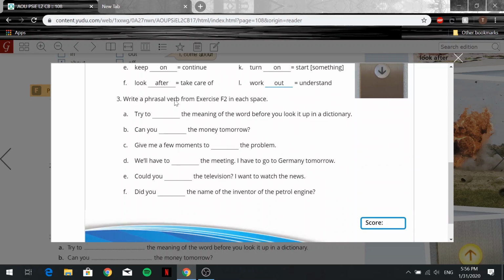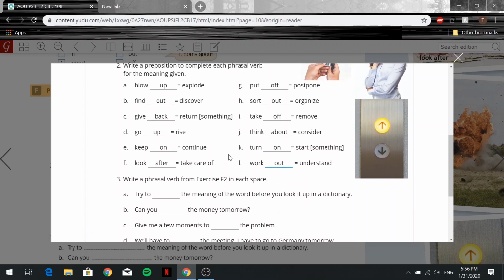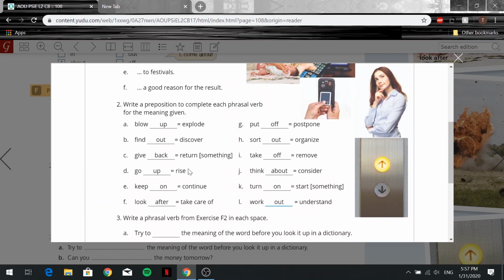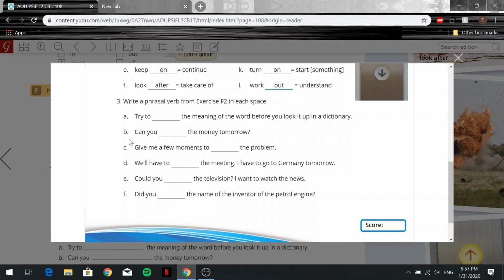Write a phrasal verb from exercise F2 in each space. So we're going to choose some from here into here. So one, try to dash the meaning of the word before you look it up in a dictionary. So we'll say work out the meaning of the word before you look it up in the dictionary. B, can you dash the money tomorrow?